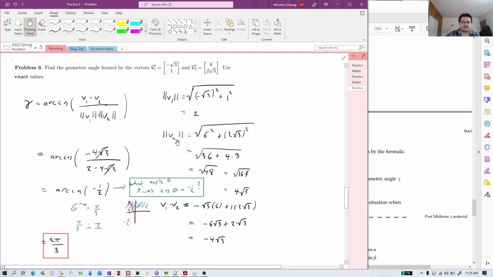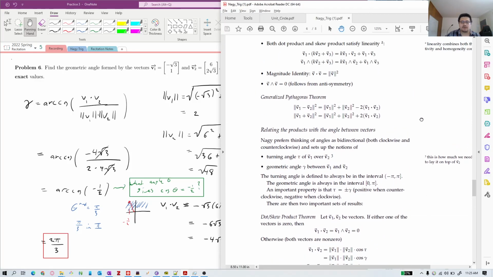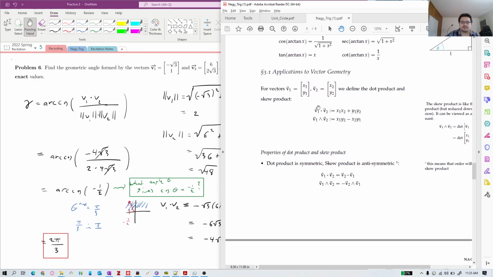Okay, so that is the magnitude of v2. And then the last thing I'm going to need in order to insert into this formula or expression is the dot product. So the dot product, if you're not used to it yet, I've written the formulas for dot product and skew product here.